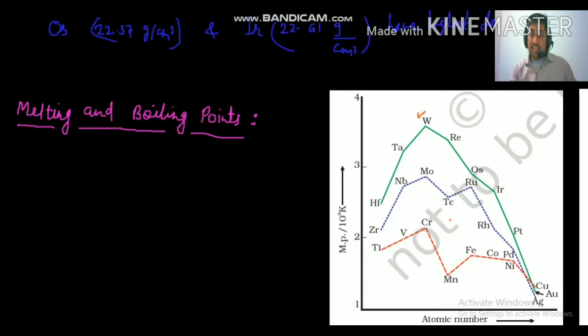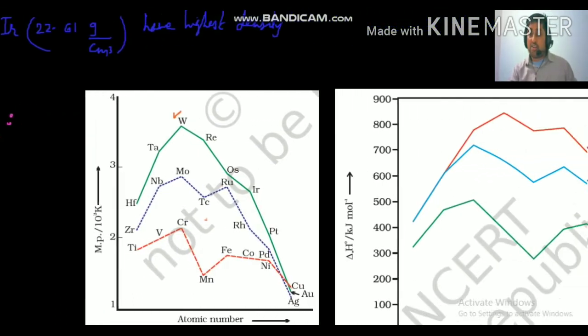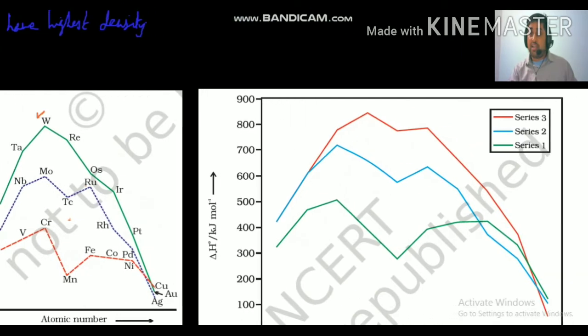And this trend is also somewhat similar to the trend of atomization enthalpy. Atomization enthalpy, as I told you earlier, is the enthalpy change when a substance is completely separated into all of its atoms. During that process, the enthalpy change is the atomization enthalpy. Again here, higher somewhere in the middle.